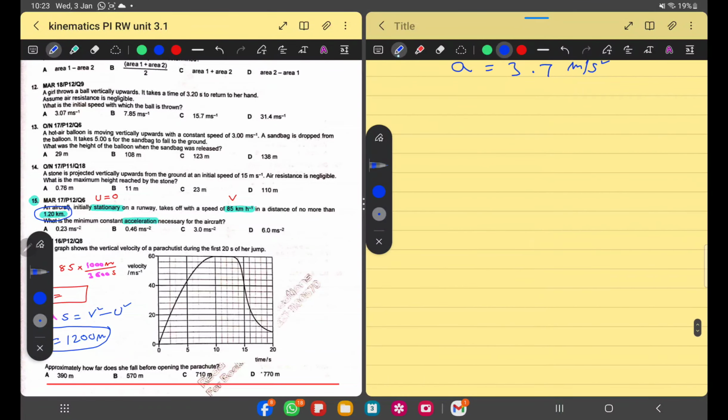Now I am solving question number 13. No, no, no. Question number 13 and 4 are of the same type. We are solving question number 12.